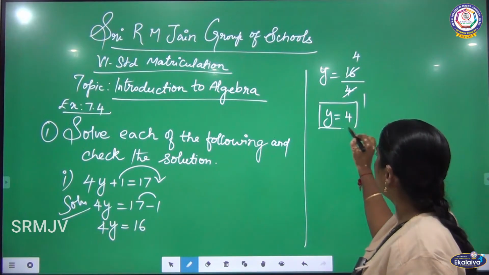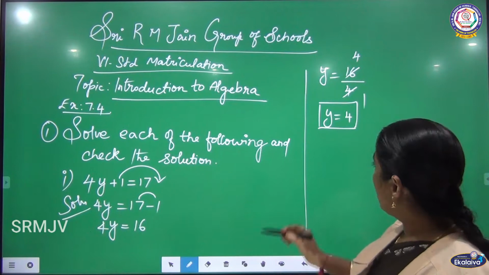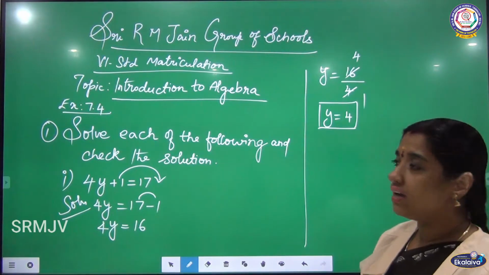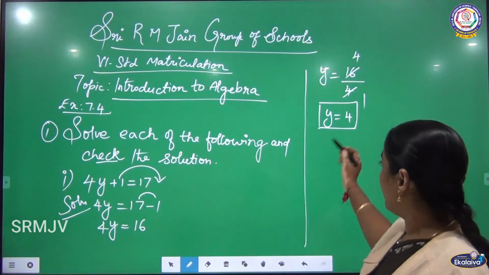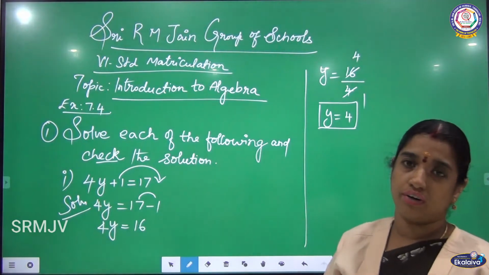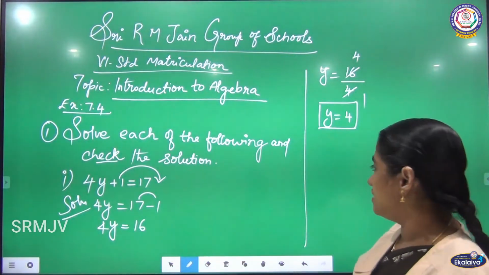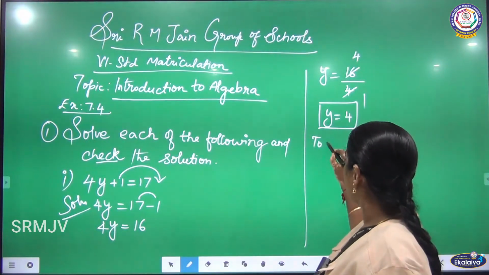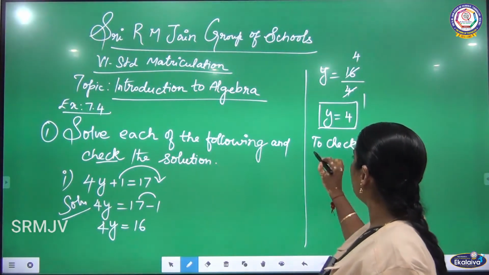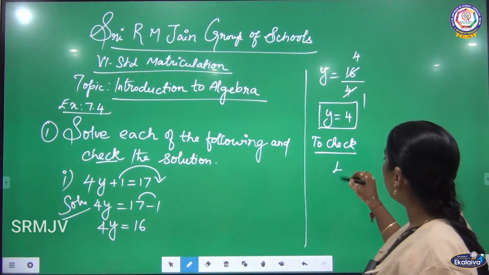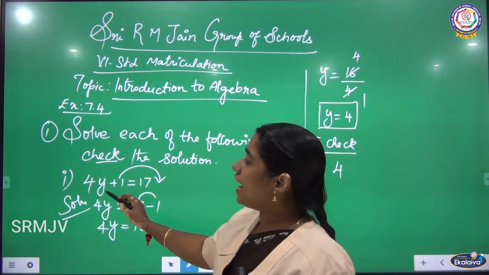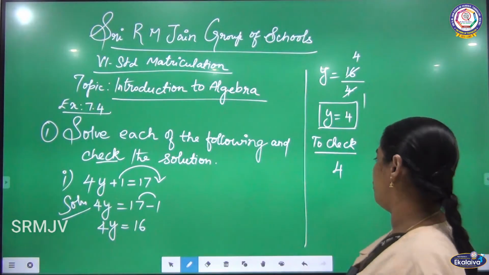4. After solving this equation, I am going to check whether what I got is correct or not. So listen, to check, I am going to substitute the y value here. 4 into, instead of y, I substitute this 4.